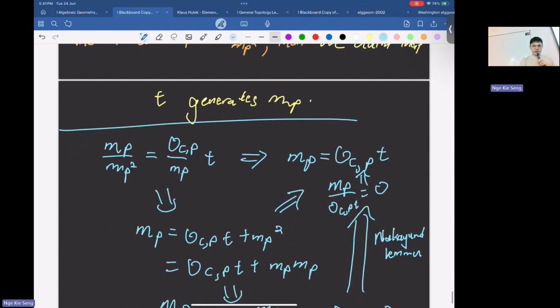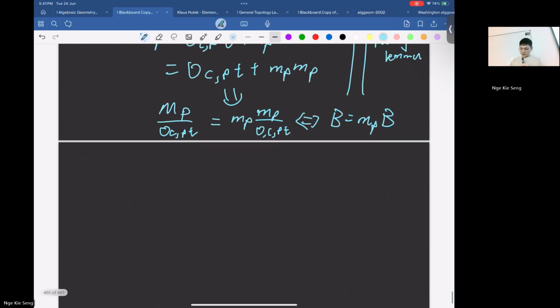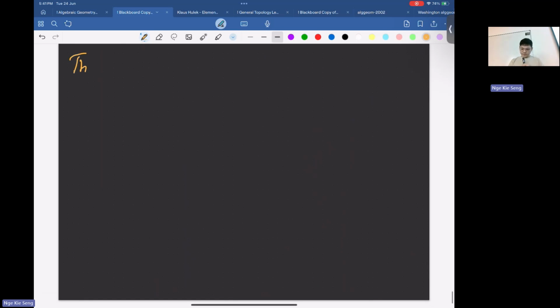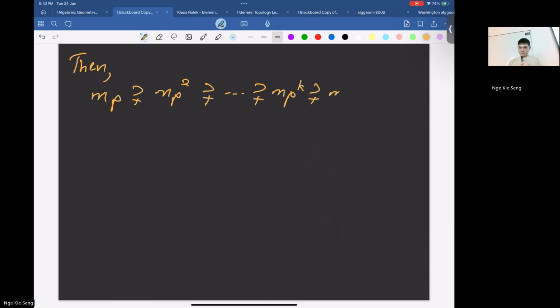Next, what we observe is there's a strictly decreasing chain we could see here: MP contains MP squared, contains MP cubed, and so on. Do you agree that there's a decreasing chain here?